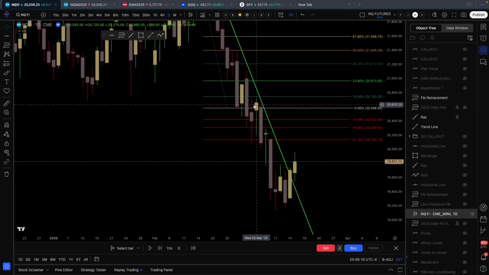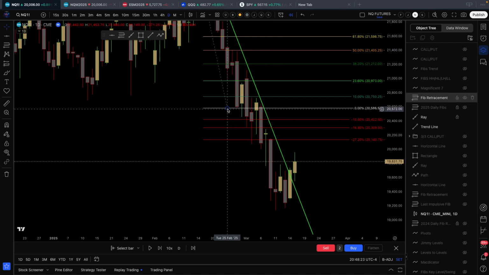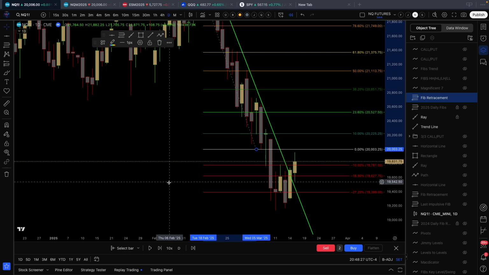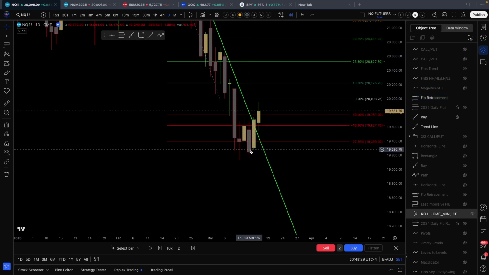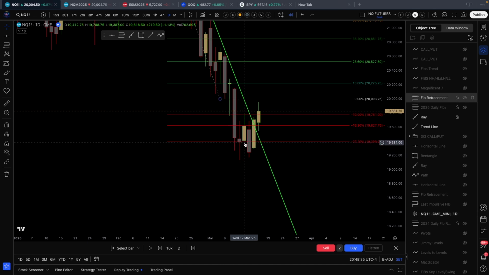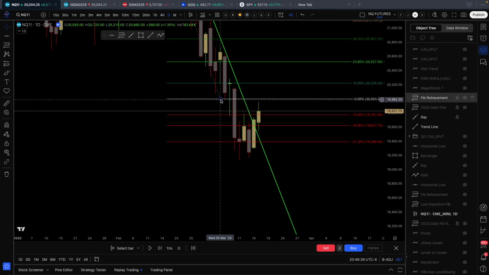Here, we continue down. This candle here broke and closed below the 272, so that one now becomes my new zero line. And obviously this candle hit it, pushed below it, but closed above it, so I don't redraw it. But this candle here closed below it, so that's where I'll redraw it to.